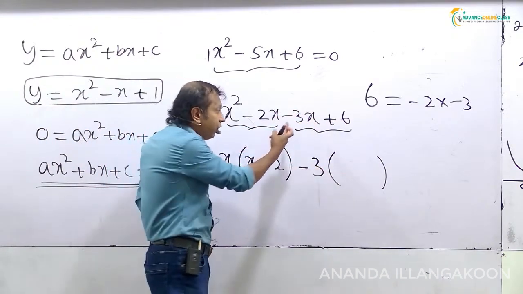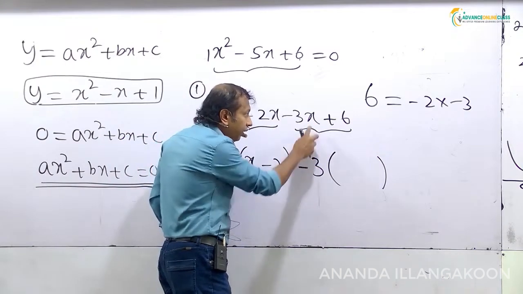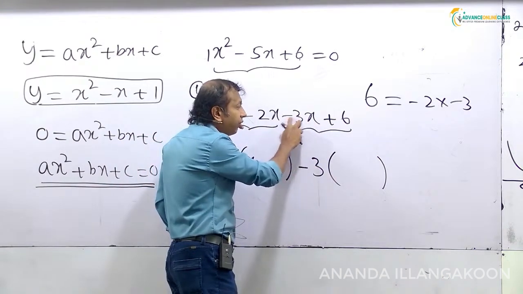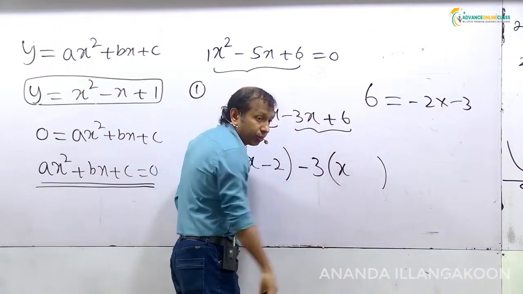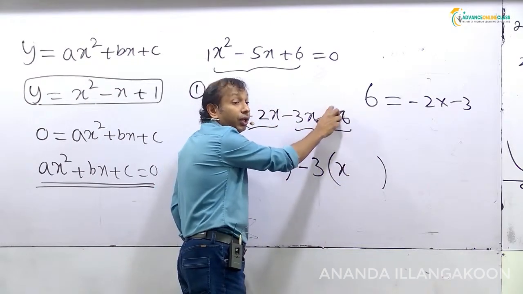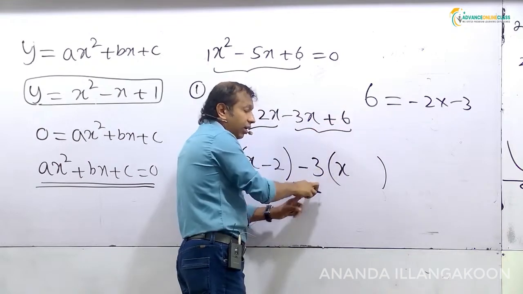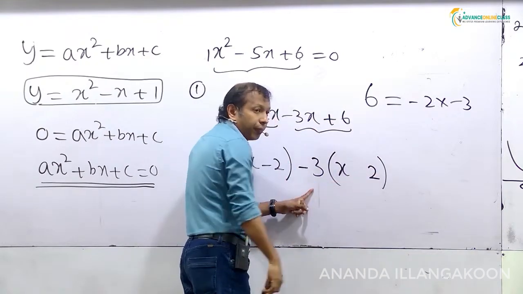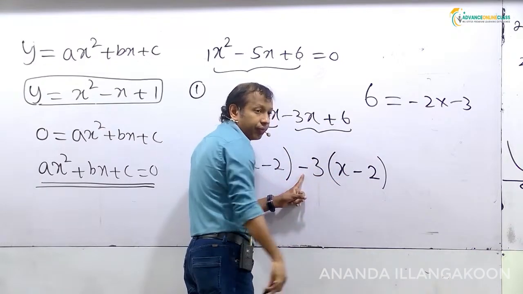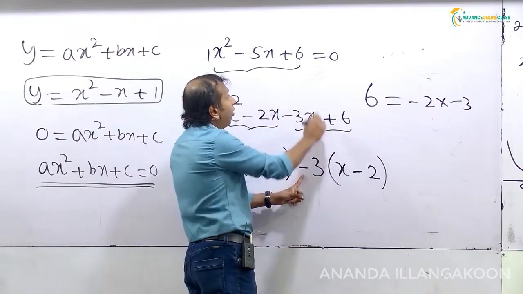Since we took 3 out, here we have x. Since we have taken the minus sign also, then this should be written as minus x, plus 6. Here 6 we can write how, people? 3 into 2. That 3 we take out. 2 should be there. But since we have taken the minus sign, this plus sign should be minus here.